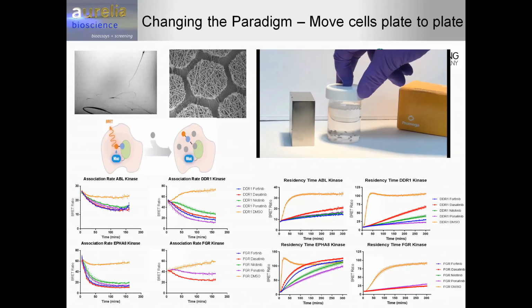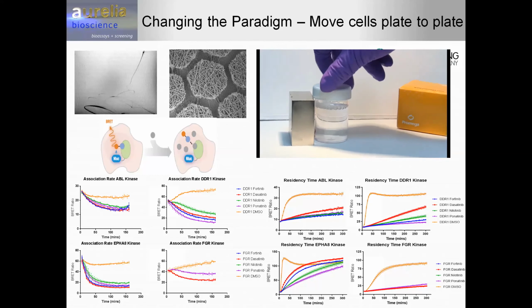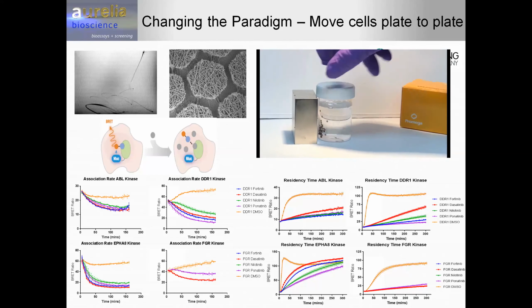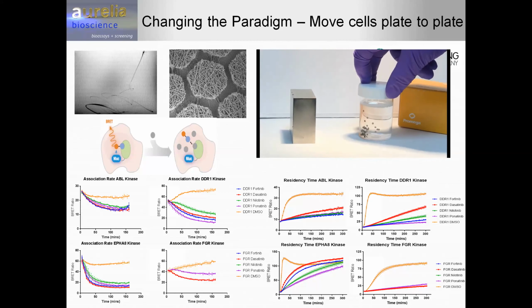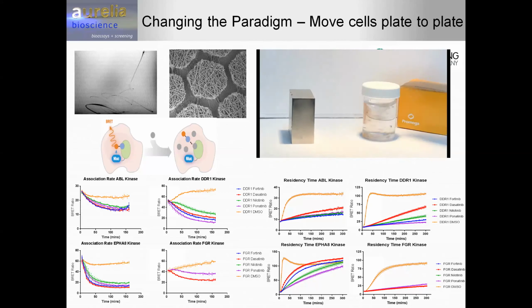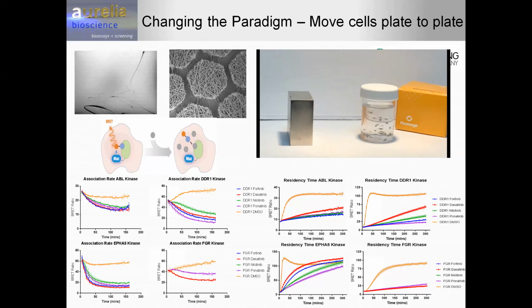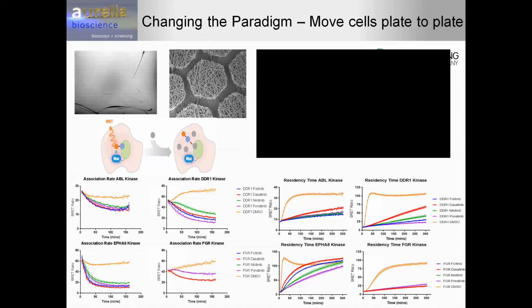So where's the advantage? We can seed our scaffolds with cells, and then we can move the scaffolds around. By moving the scaffolds around, we're effectively moving around an adherent monolayer of cells. That means we can transfer these from well to well. Rather than using a plate washer to go between plates and wash the cells and add the next solution, we can pick up these scaffolds from wells and put them into new wells.